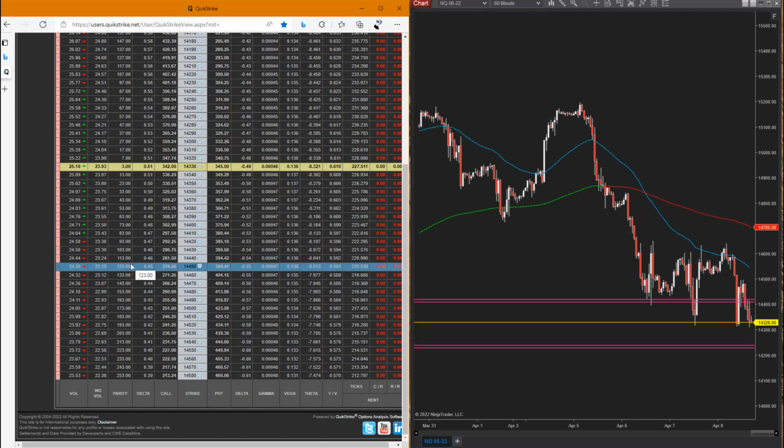And the first thing I want to know is where the high gamma is. So I can look on this row right here, and I can see that high gamma is between 370 and 430.